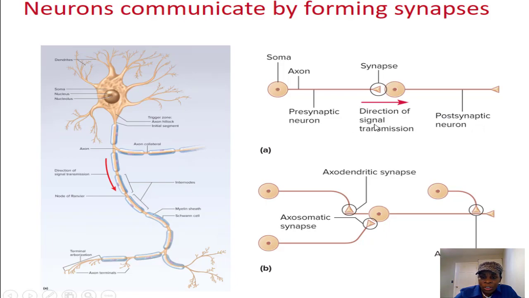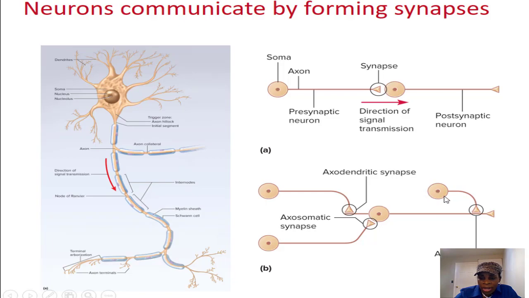You can see that the synapse is not always on the cell body. At the bottom picture, you can see the axon terminal forms a synapse at the dendrite area on the postsynaptic cell. On the one at the bottom, you see it forming a synapse on the cell body.